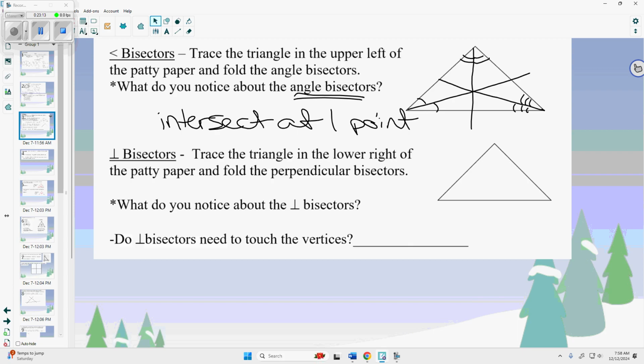So this one, we're going corner to corner on all three. Corner to corner on every single one.